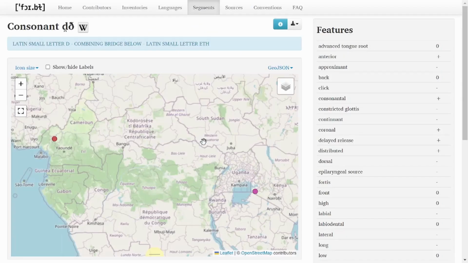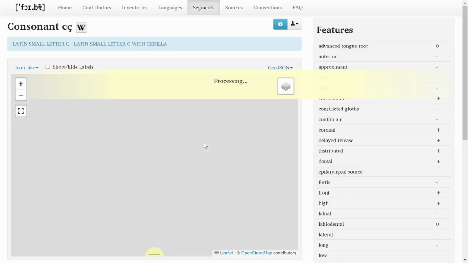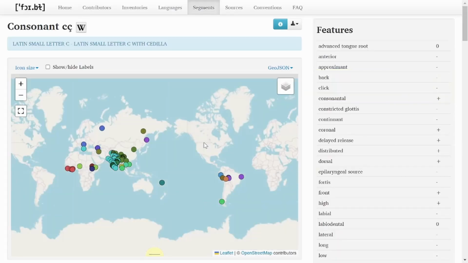Okay, and the next one we're gonna find is ch. Yeah, this exists in English as an allophone in words like cute. It comes from having a K and then a yod on it, and then it becomes this thing.